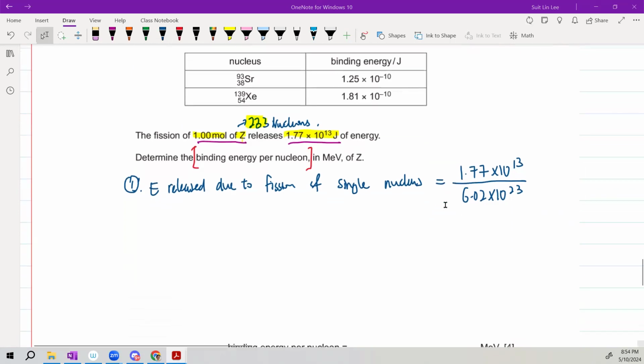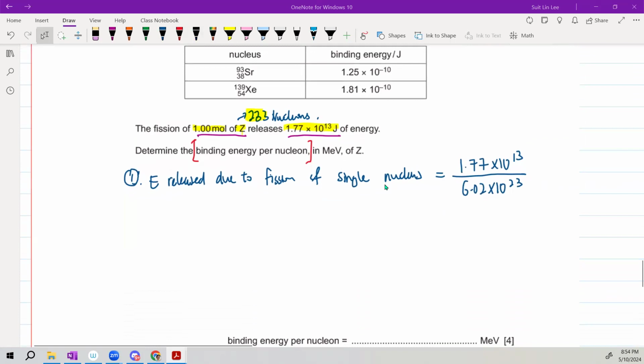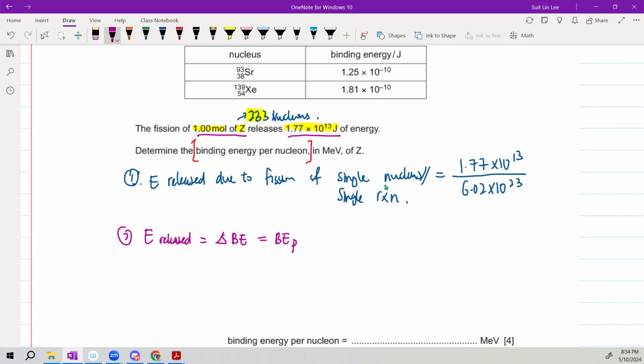Okay. So this is the energy release of a single nucleus, but a single nucleus also implies a single reaction, a single reaction of decay. Number two, I also know that the energy released in a single reaction is the difference in binding energy, which is basically the binding energy of the product minus the binding energy of the reactant.